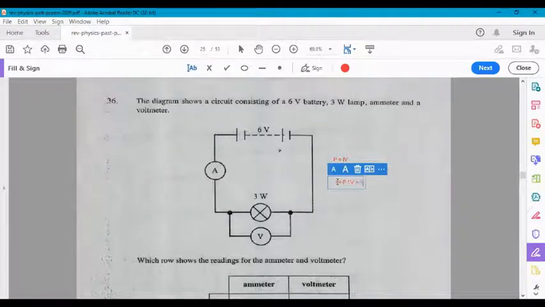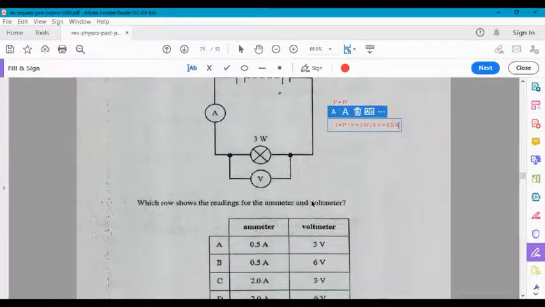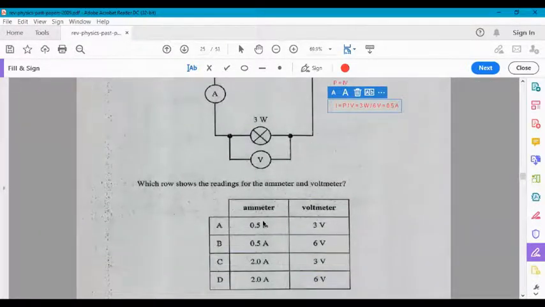The power is 3 watts divided by 6 volts, and that will give us 0.5 amperes. So we look for the row that has 0.5 amperes, A and B, so C and D are out, and then the corresponding voltage is 6, so our correct answer is A.